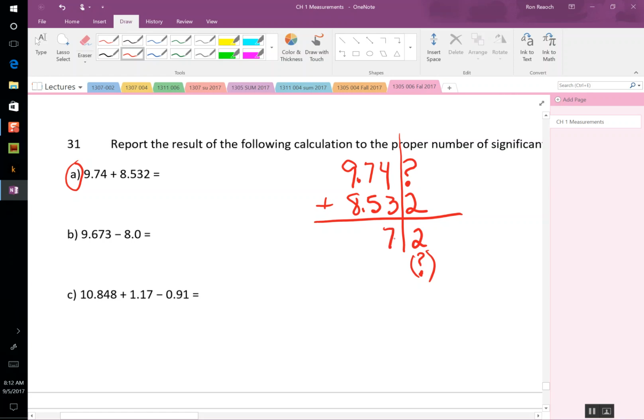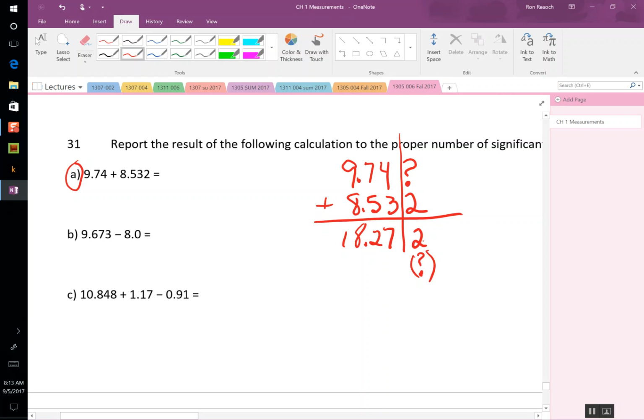So I will add this up. 12, 17, 18.272, and I'm going to round it off to 2 decimal places because both of my numbers have 2 decimal places, but not 3. So I look at that 2.